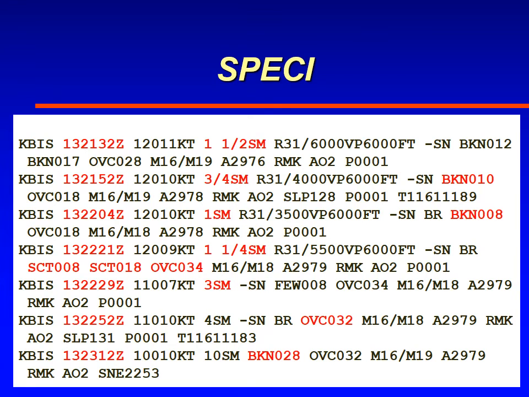So it went above 1,000, went above 1,500, went above 3,000. So a special observation needed to be made because of the ceiling, but not because of the visibility. And you can see how these changes work. We'll have some exercises that I'll give to you that you can practice with special observations. We'll do that in class.